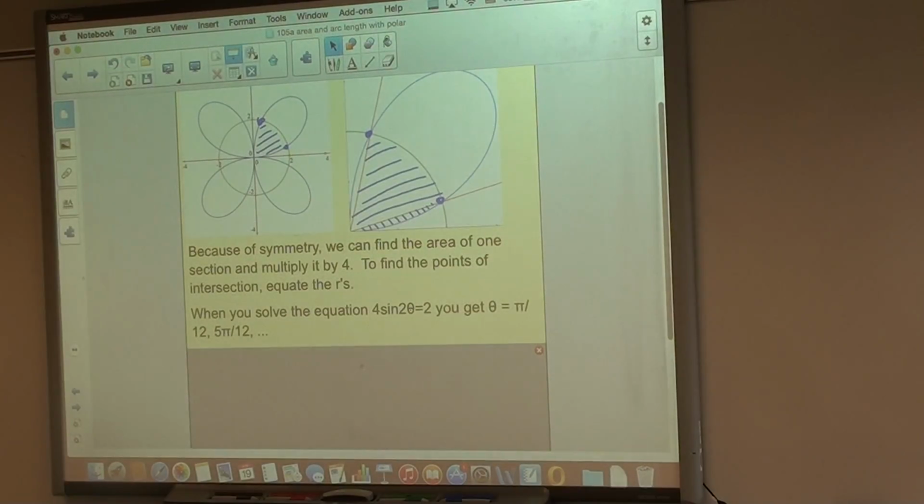So we got two of them, so we multiply by 2. And then from 0 to, yeah.